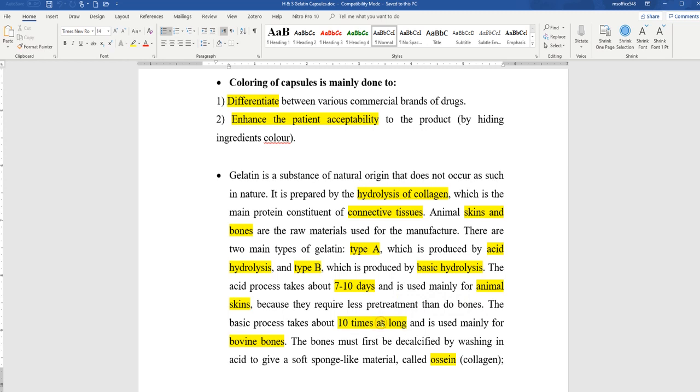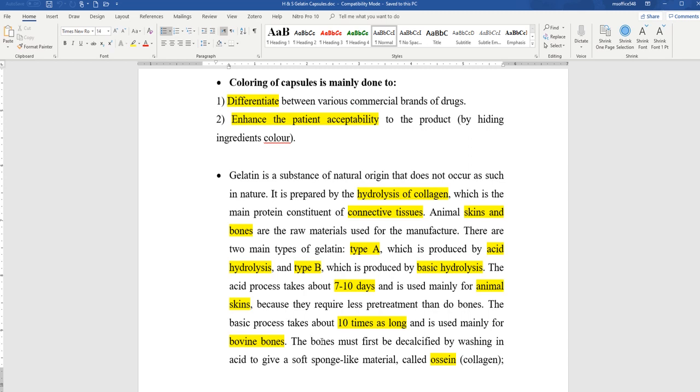So, how do you do it? You take the bones and then you need to decalcify the bones, meaning remove the calcium from the bones. This happens by soaking the bones in acid. Meaning first you need to do pre-treatment. First put the bones in acid, for example phosphoric acid, etc.